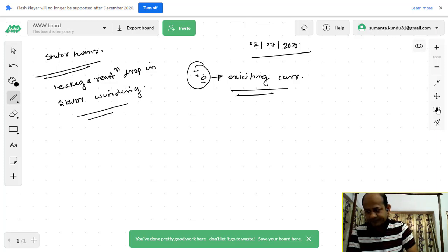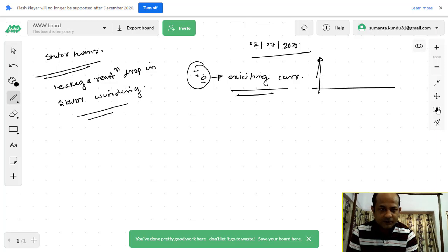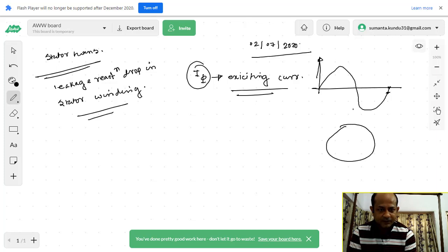Okay. Now mutual flux is pulsating in nature. If we recall the figure, it pulsates along this vertical axis or y axis.